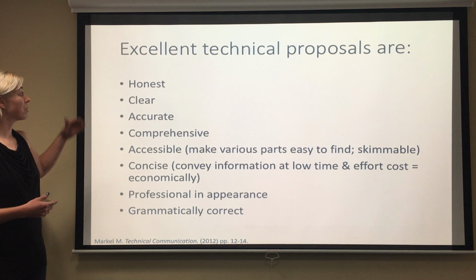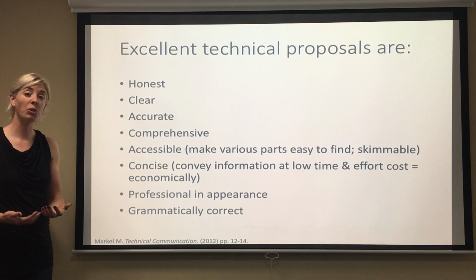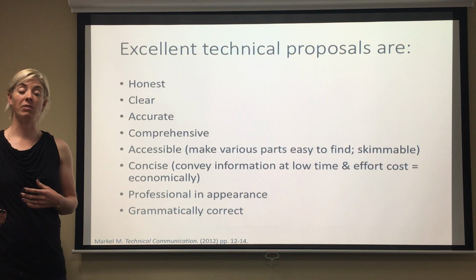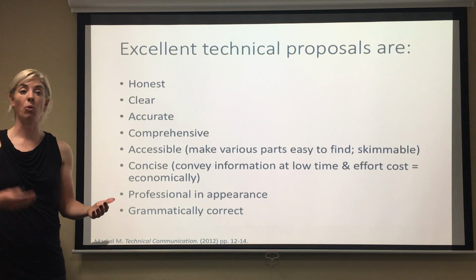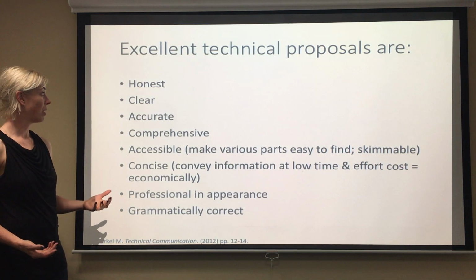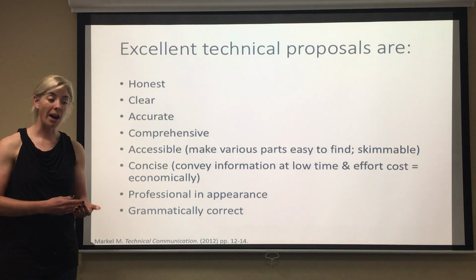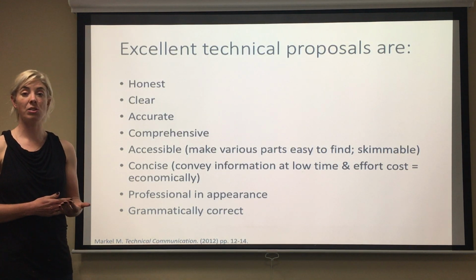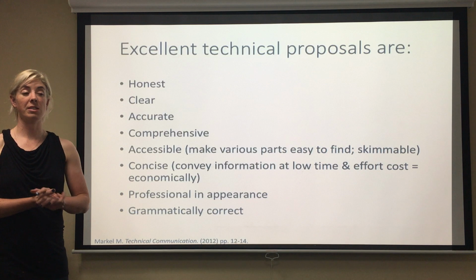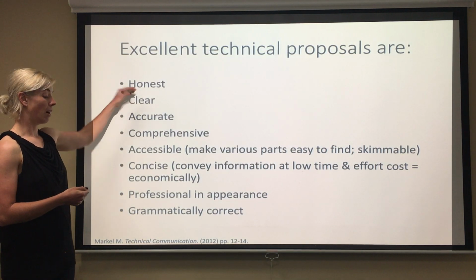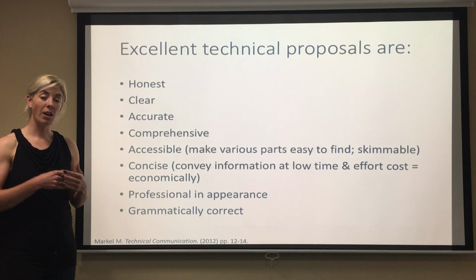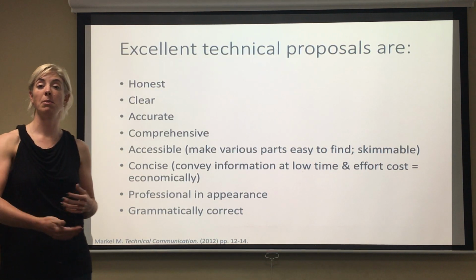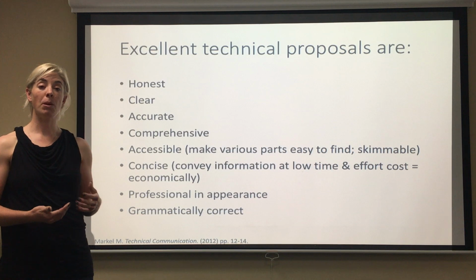Excellent proposals are also honest. We need to be ethical. We don't want to overpromise something that we can't actually deliver within the allotted amount of time or with the funds that we're requesting. And we also need to make sure we accurately describe the limitations of our approach, accurately describe previous research and things like that, because there can be not just money on the line, say if we're promising to build something for a client, but also lives.